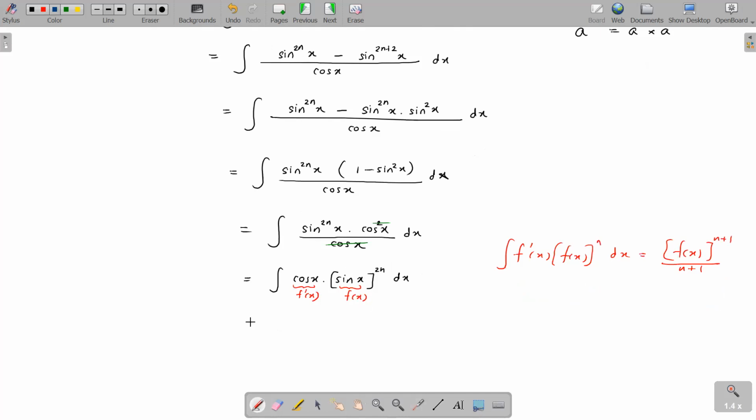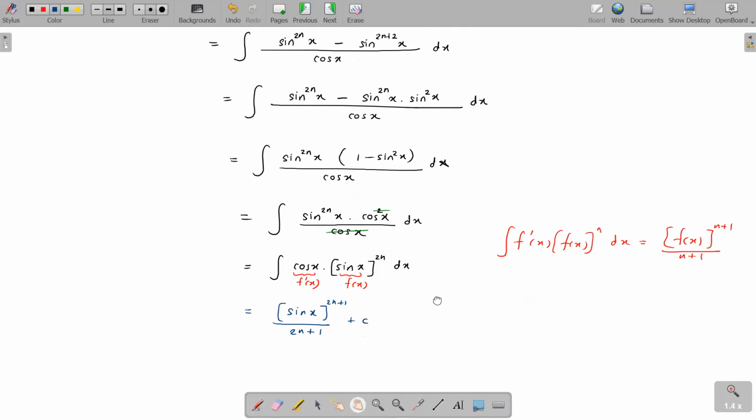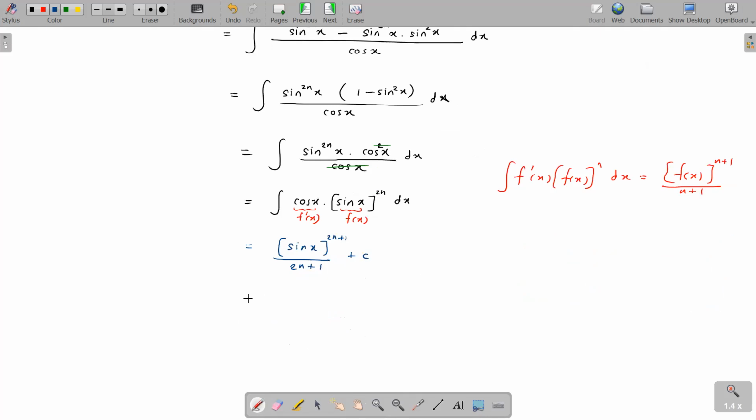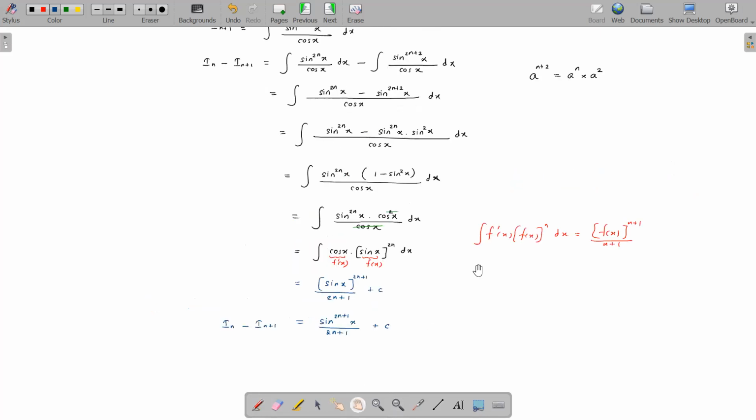So what do we get for the integration? Sine x to the power 2n plus 1, over 2n plus 1. Okay, so this is what I_n minus I_(n+1) is, right? This is the answer we get for that. Do you see we get to show that?